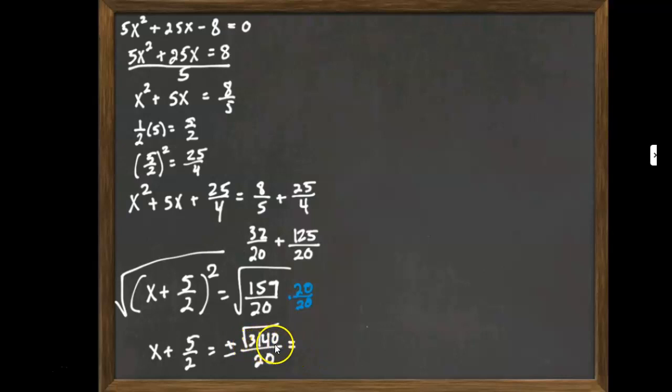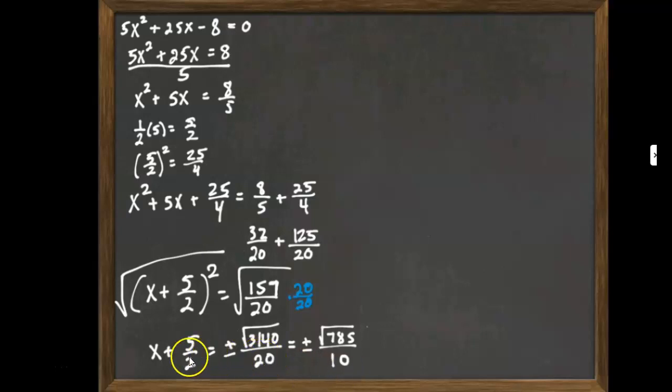In 3140, we can take a 4 out of that. So we'll have a square root of 4, which would be 2. And 4 goes into 3140 785 times. Then the square root of 4, which is 2, would cancel with the 20 to make it a 10. I actually had a 5 there by mistake; that was a typo on my part. Okay, and so then we have all that over 10.